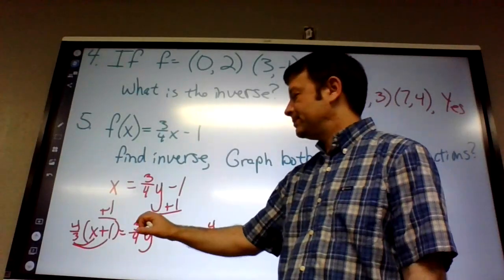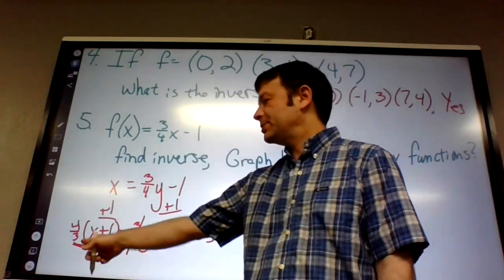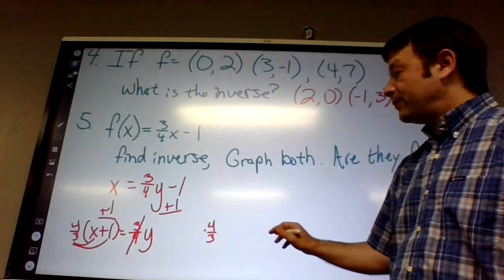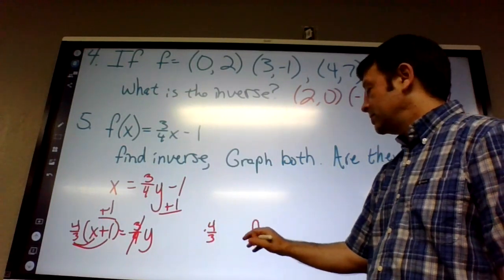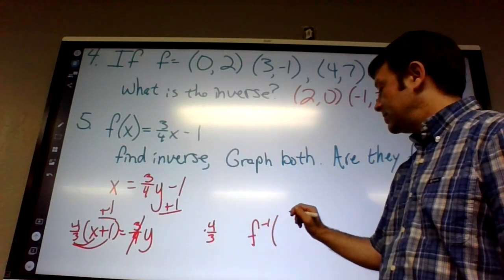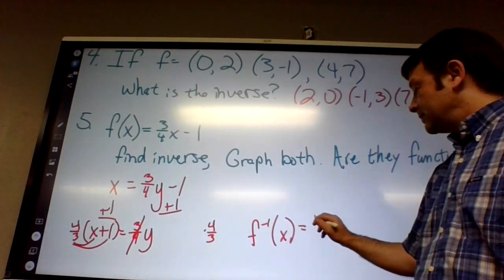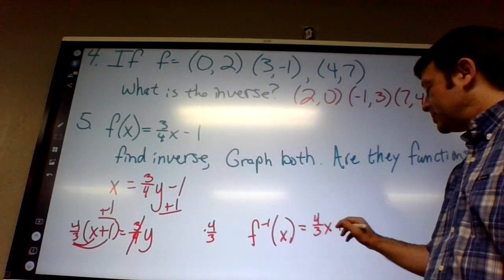You guys get it? So dividing by 3/4 is like multiplying by 4/3. So the inverse function is 4/3 x plus 4/3.